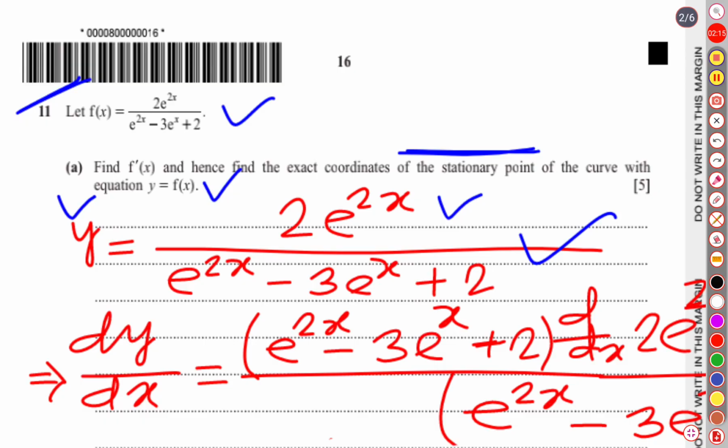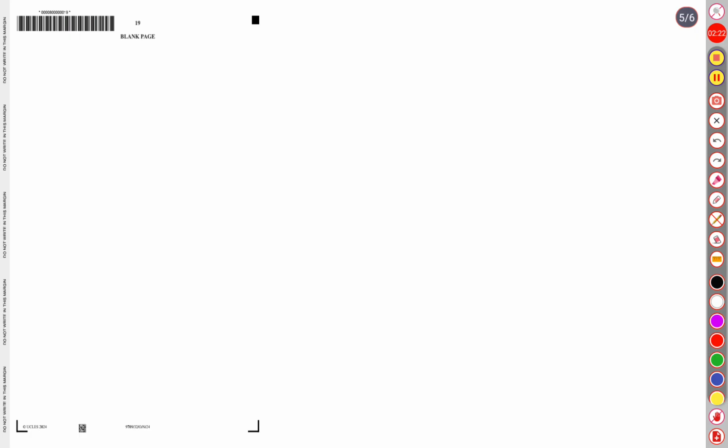Let me show you. If the function is given like this, let's say we are given a function y is equal to u over v. How to solve this?